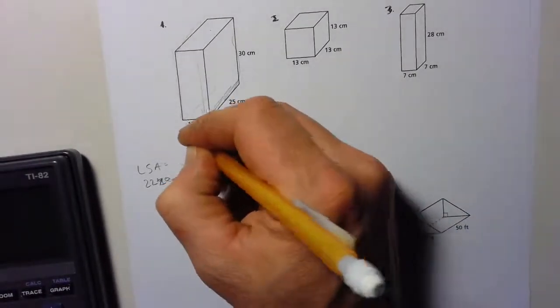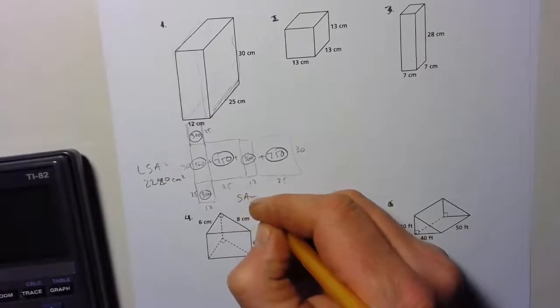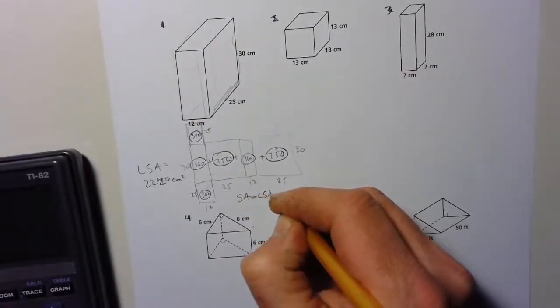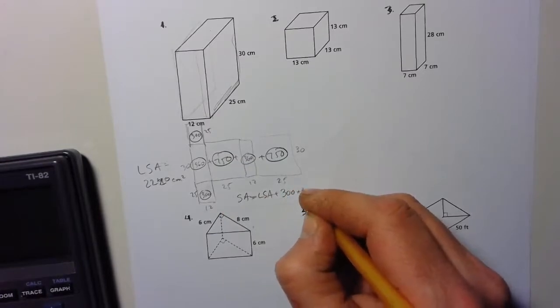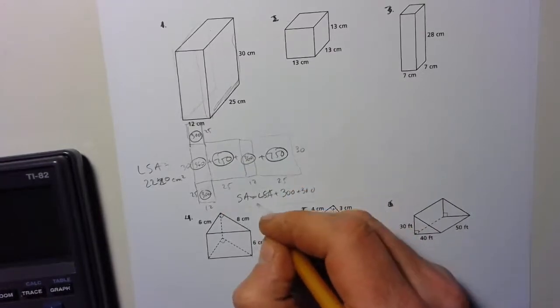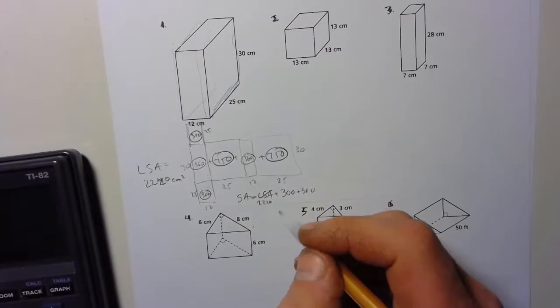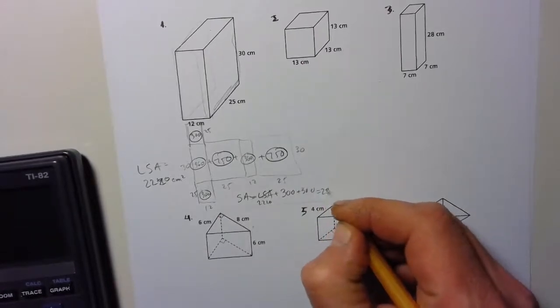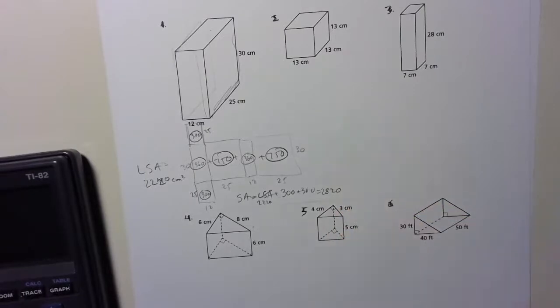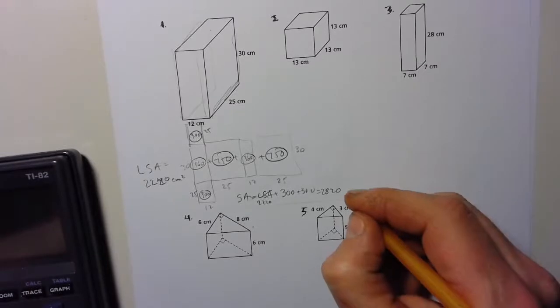So the surface area is going to be my LSA plus my 300 and 300. My LSA was 2220. So when I add those together, I'll get my final, 2820 square centimeters.